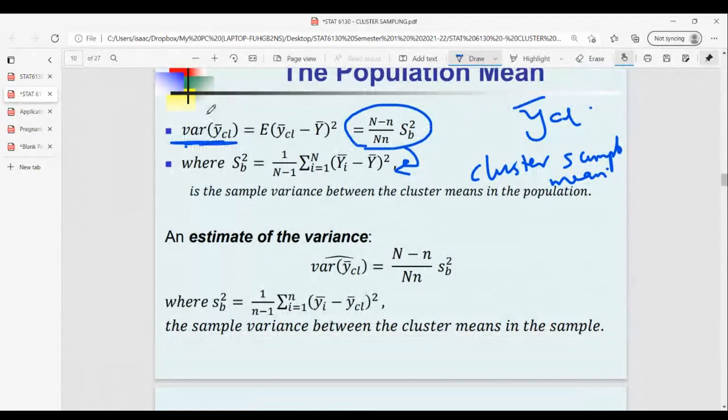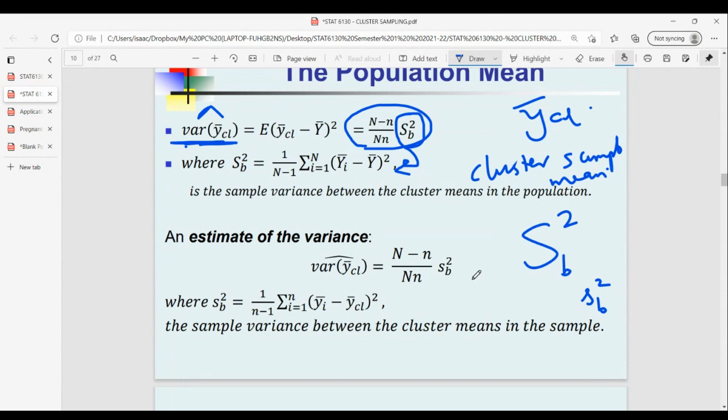And how do we estimate the variance? Well, you only have to estimate the population parameter here, which is this capital S_B squared, right? So what you would want to do is estimate this with the corresponding sample version of that population parameter, which is small s_B squared, which is nothing more than a sample estimate of the entire thing, right?